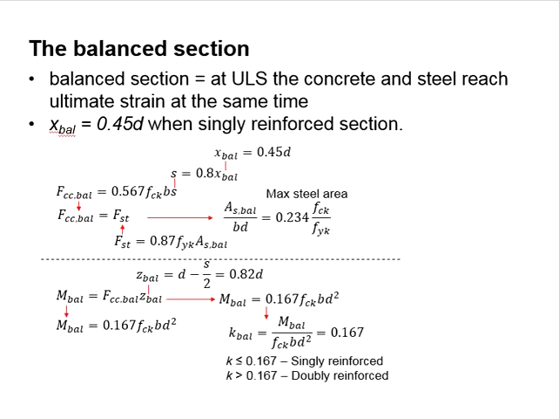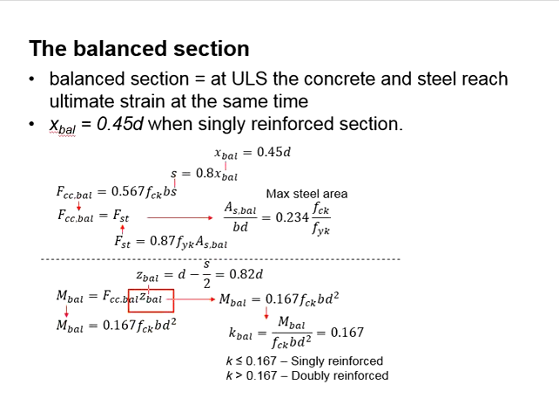To determine the K balance, you will need to first determine the M balance, the moment capacity of a singly reinforced member when it reaches the break-even point, which shall equal the force of the concrete at the balance state multiplied by the z at the balance state.